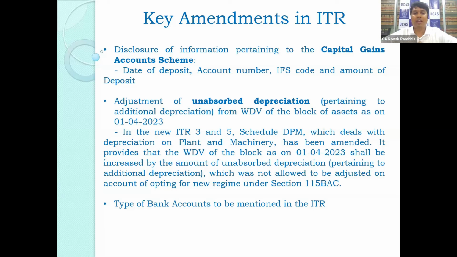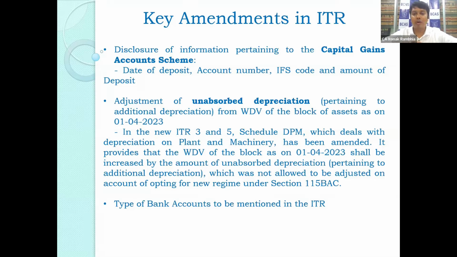So one has to carefully look through it if they are opting for the new regime, and check whether the unabsorbed depreciation has an element of additional depreciation in the earlier income tax return. That adjustment will have to be done in the opening WDV of the block, and the type of accounts which are to be mentioned in the income tax return.